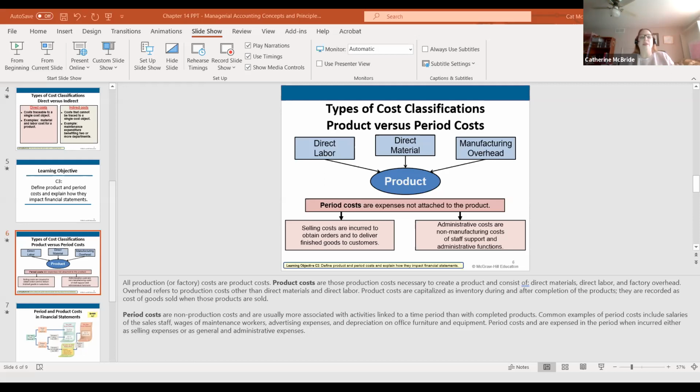Wages for assembly workers. The more they work, the more the expenses. The less production we have, we're going to lay off people. So wages is a variable expense. The lace to hold the balls together. Every ball that we use, we have to use lace.